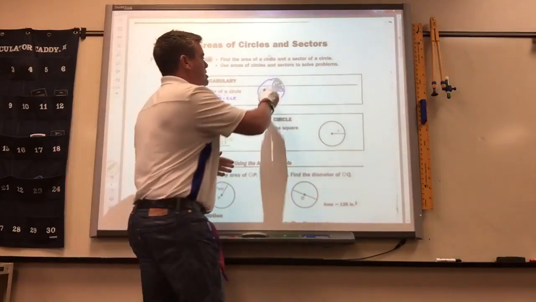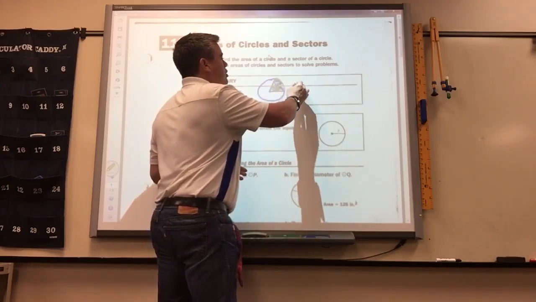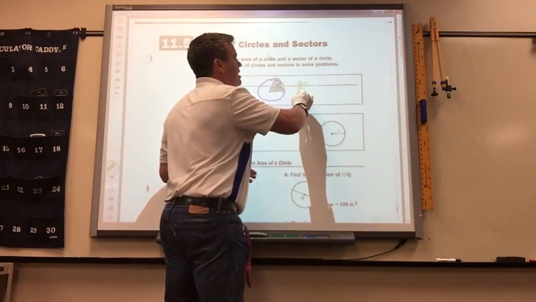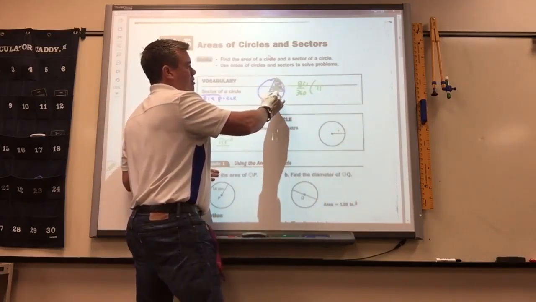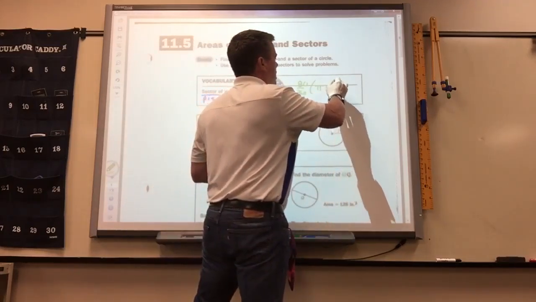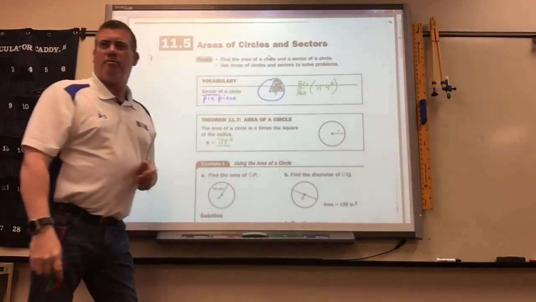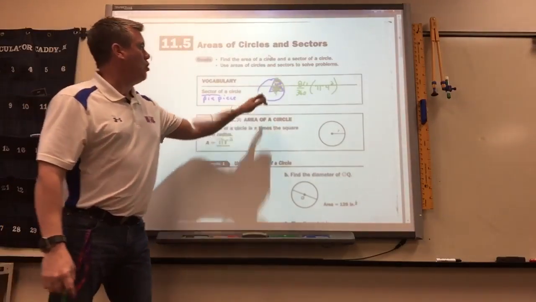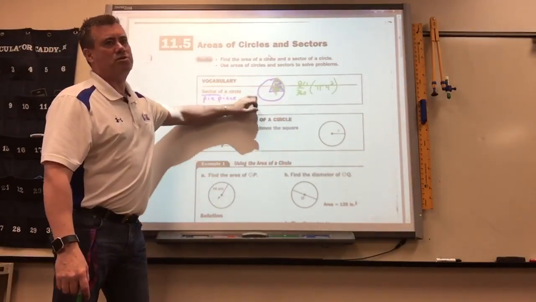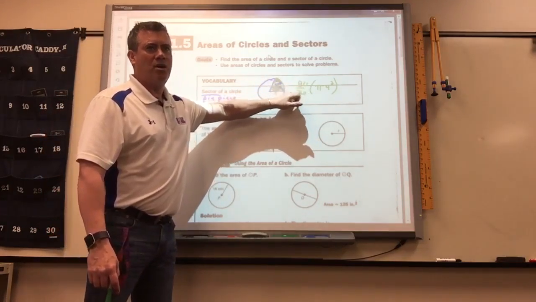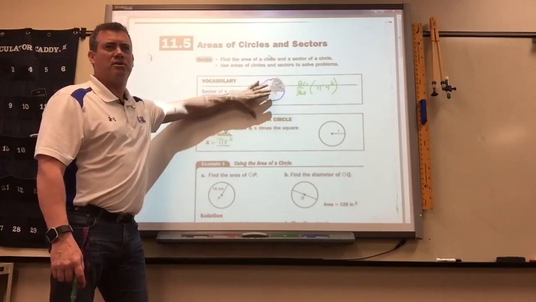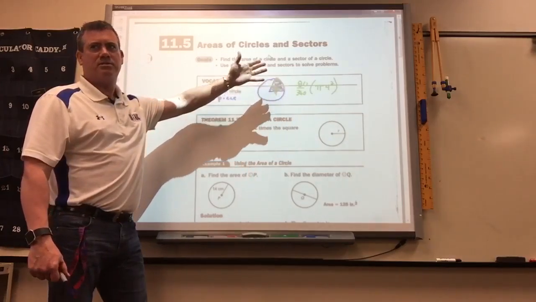So, like if this was an 80-degree angle right here, you take 80/360 times pi, whatever the radius is, squared. Because the whole area would be pi times 4 squared, but we don't want the whole area, we just want 80 degrees out of the 360 degrees of the circle. That make sense?